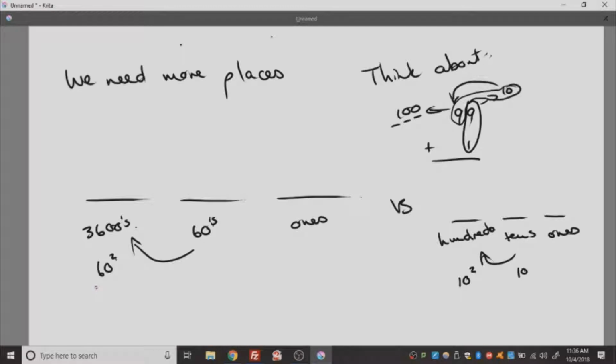Everything is still in 60s. And now this third one in from the right is going to count the number of groups that has size 3600. That's 60 groups of 60 because I can't fit those in anymore.